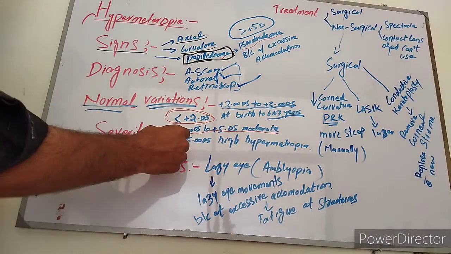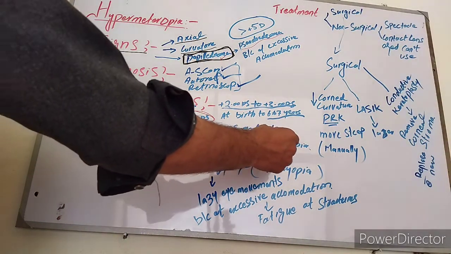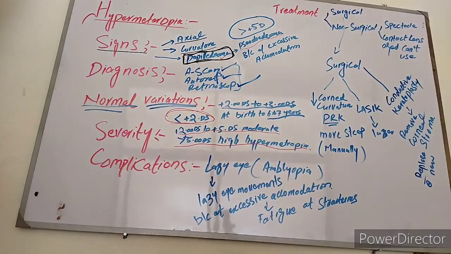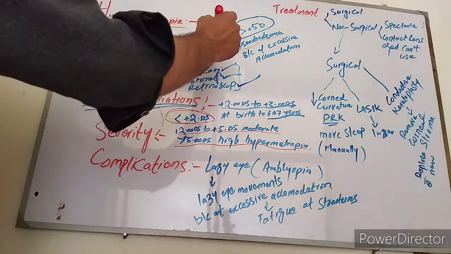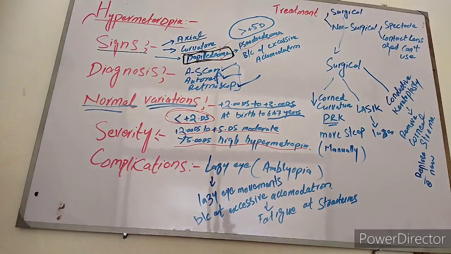If it is more than 5 diopter sphere, then this is high hypermetropia. In this case, the patient will feel difficulty in seeing. He has to use glasses for clear vision, and there can be edema at the fundus of the patient.